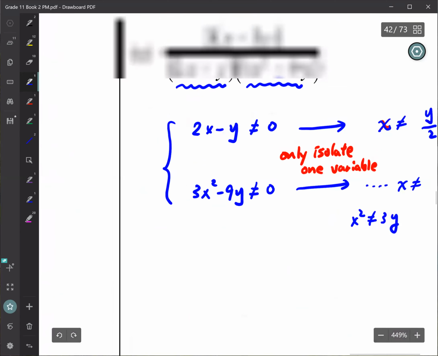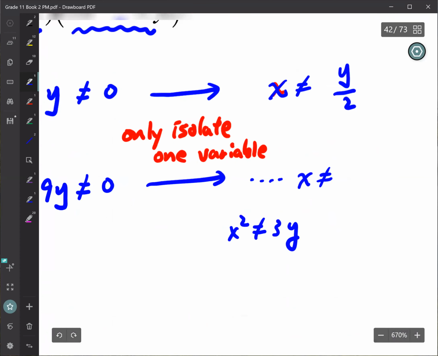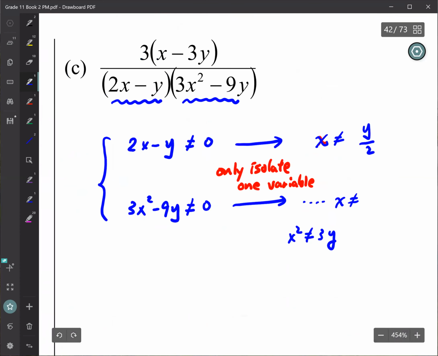Use square root. Yeah, so what would you say? x equals the square root of 3y. So x cannot equal, remember, it's not equal, the square root of 3y.